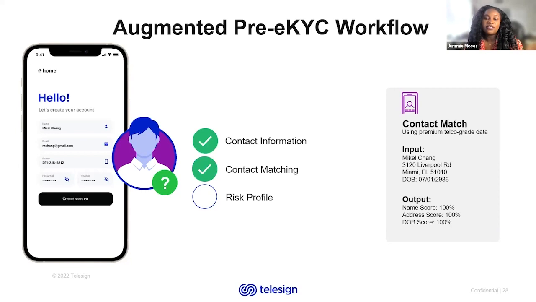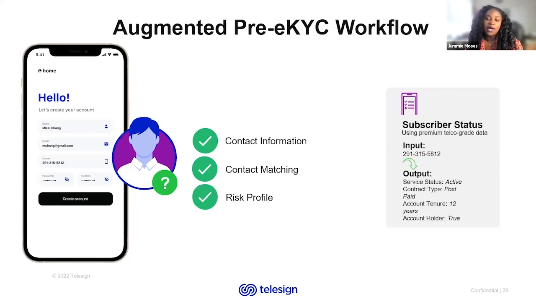So if Michael would have signed up for an account using his name and using my phone number, for example, we would have delivered a very low score. And finally, integrating subscriber status as well will allow a company access to the user's phone number, plan type, tenure, and account status, which can be used to strengthen profiling and risk-based decisions.